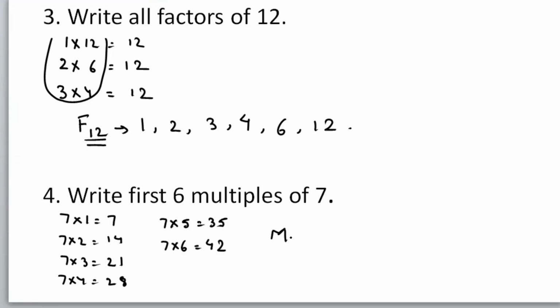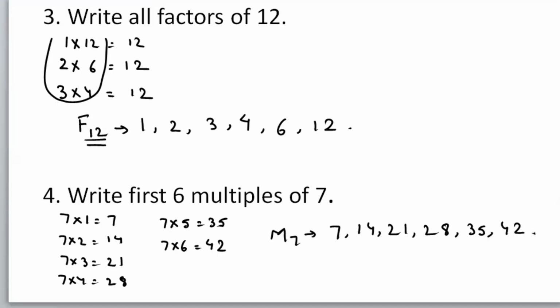So the multiples of 7 are 7, 14, 21, 28, 35, 42. The first 6 multiples of 7.